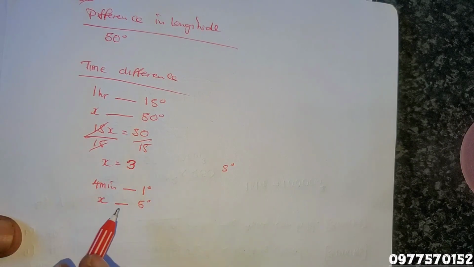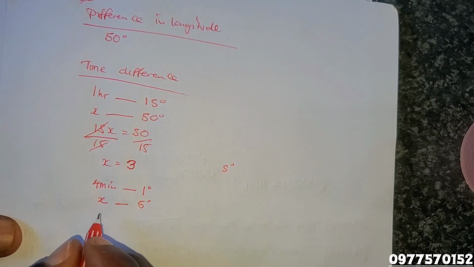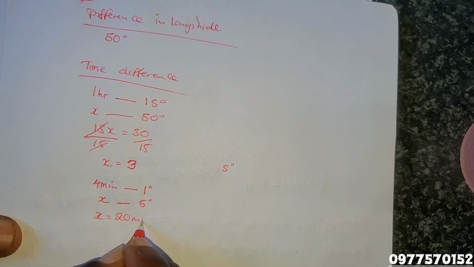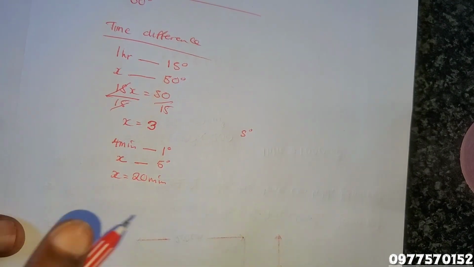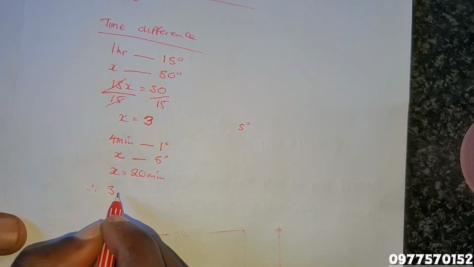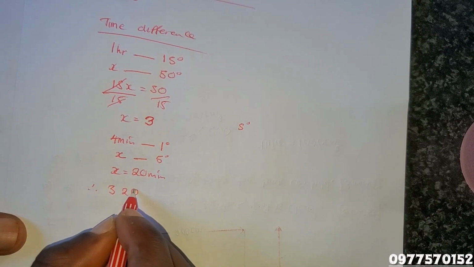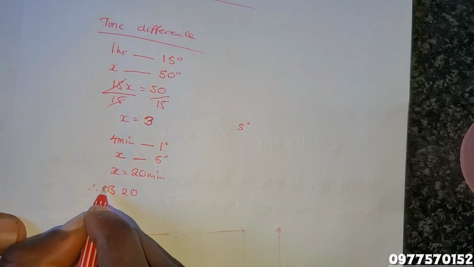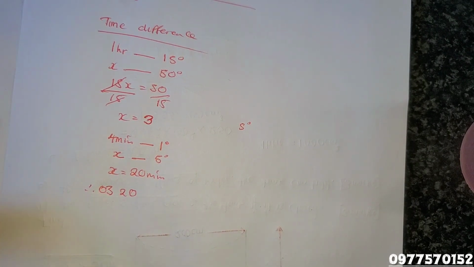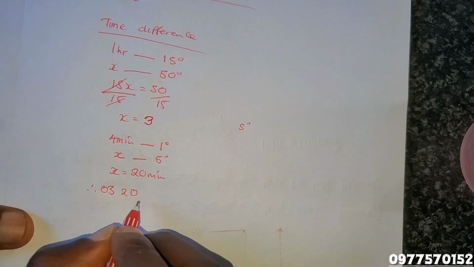So after cross multiplying, we're going to have x is equal to 5 times 4, 20 minutes. So the time difference therefore is 3 hours 20 minutes. This is the time difference.